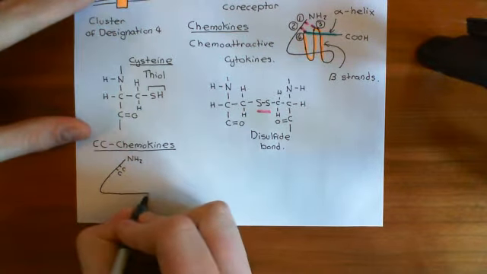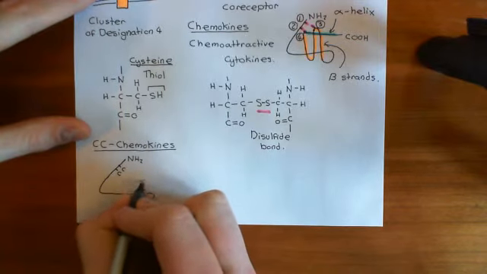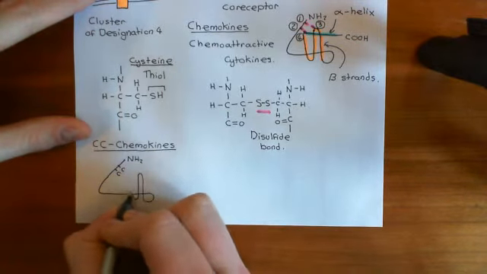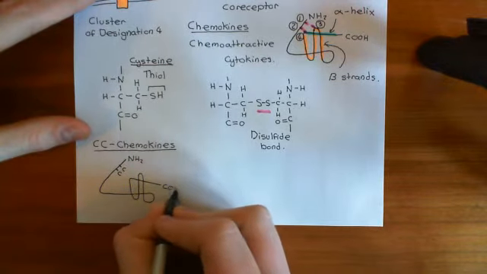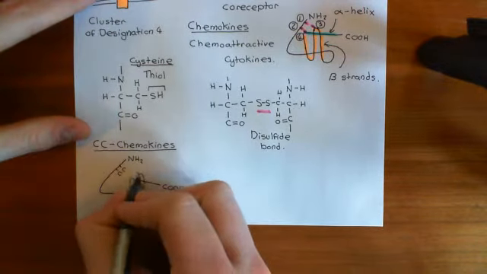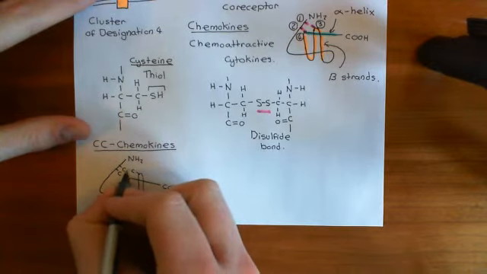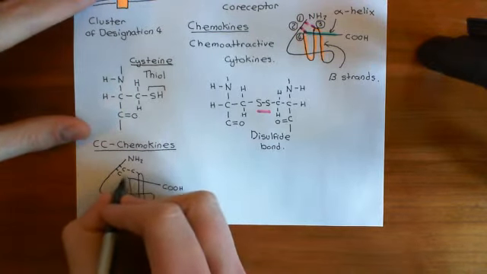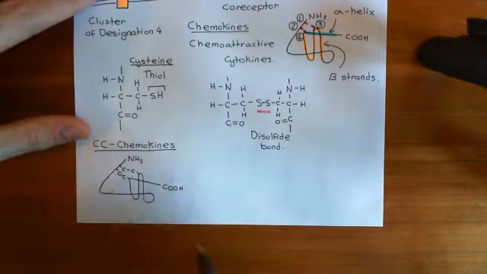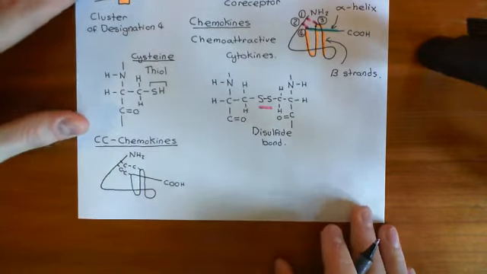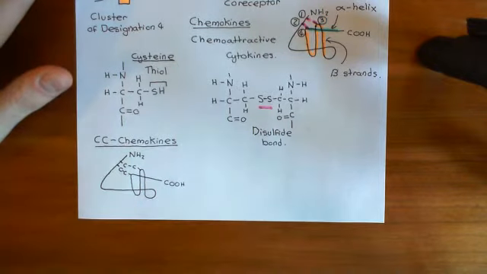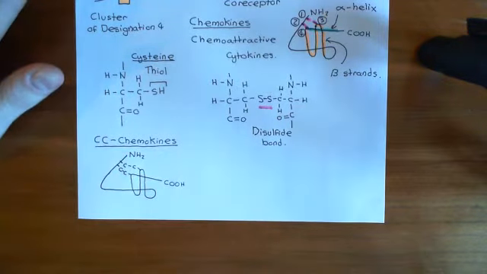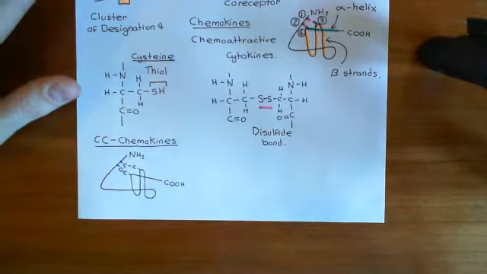Then the rest of the chemokine structure follows, so it loops around. You have these 3 beta-pleated sheets, and then the alpha helix ending with the carboxylic acid group here. And then you have cysteine 3 here, which will be disulfide linked to that. And then you have cysteine 4 here, which will be disulfide linked to cysteine 2. So all CC chemokines have cysteine 1 and cysteine 2 absolutely next to each other, i.e. there are no amino acids in between them.